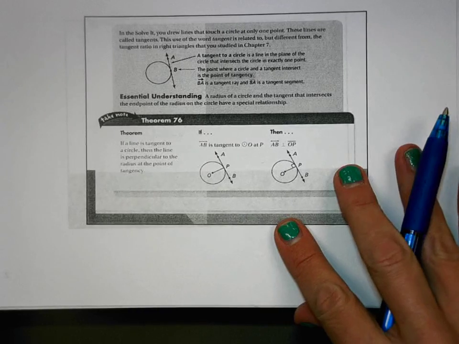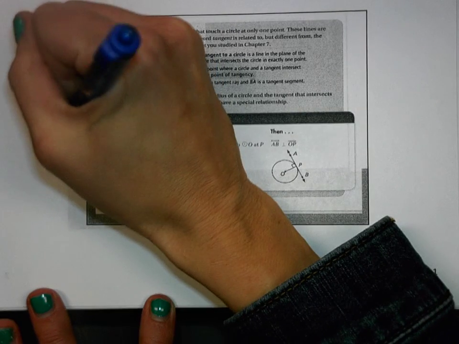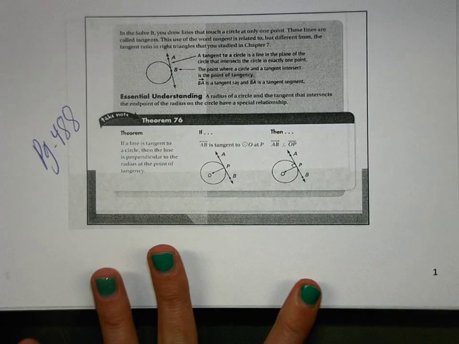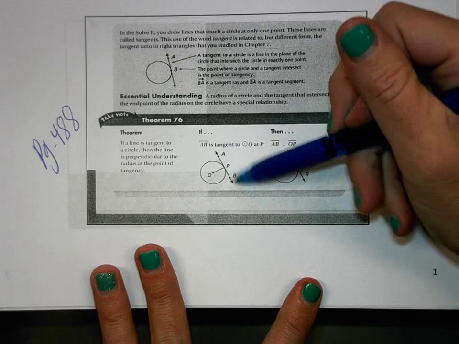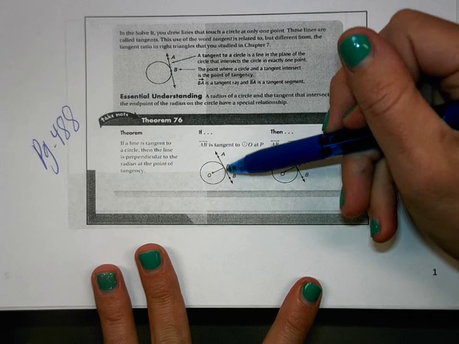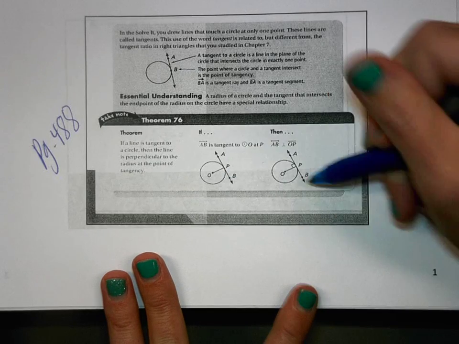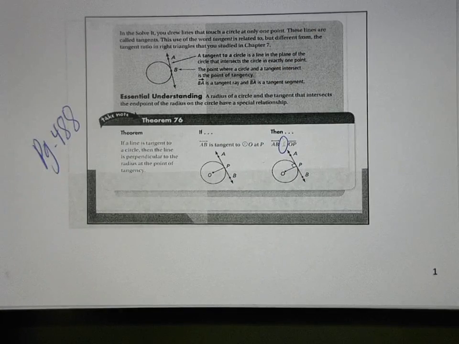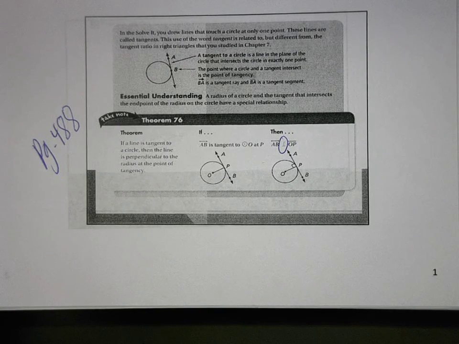So down here, still on page 488, there is some important information. We know that AB is tangent to the circle because it's touching here at P. Anytime you have a tangent line, it makes a perpendicular line with the radius. What does it mean when something's perpendicular?